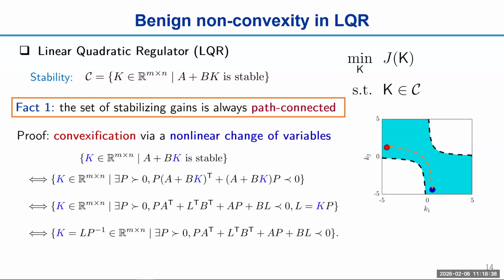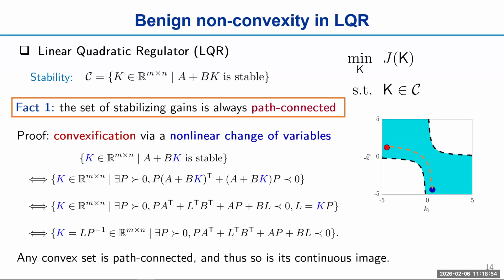So in this set, it's convex, but you have this coupling, so you can do a change of variable. This is my convex set, and for any stabilizing controller, I can build it from an element here by using this smooth map. It's just a matrix times the inverse of another positive definite matrix. It's a smooth map. So we know any convex set is path connected, so we have a continuous image to represent this set, and of course it should be connected.